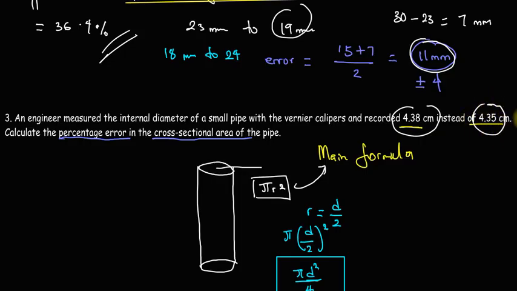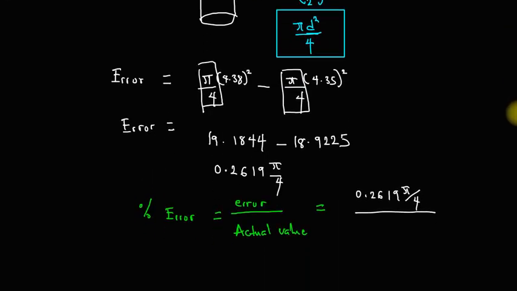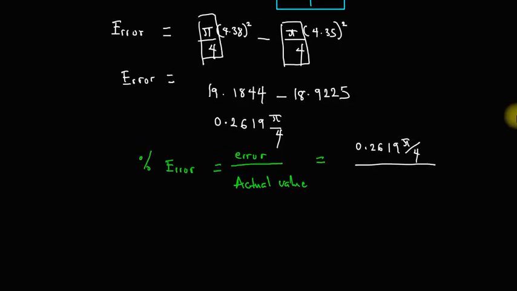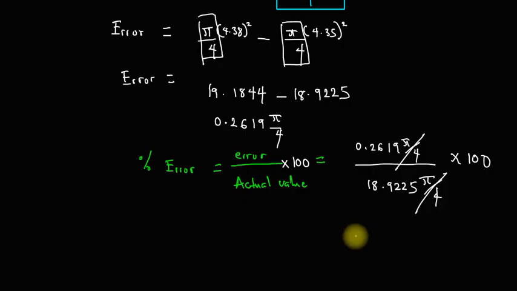That means 4.35 is the actual value for the diameter, and therefore the actual value for the area is going to be 18.9225. So I'm going to put 18.9225 at the denominator, and if you bring in the like term, it's just going to cancel out, and we didn't really need it to start with. So times 100. Okay, I think I forgot to put times 100 here because it's a percentage.